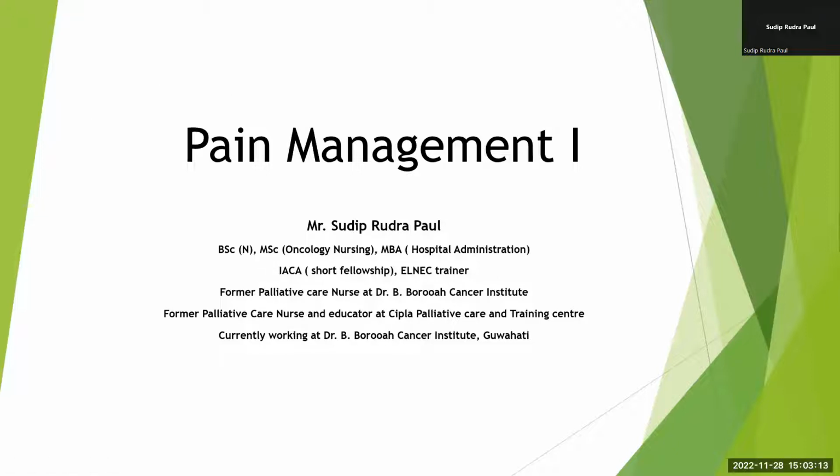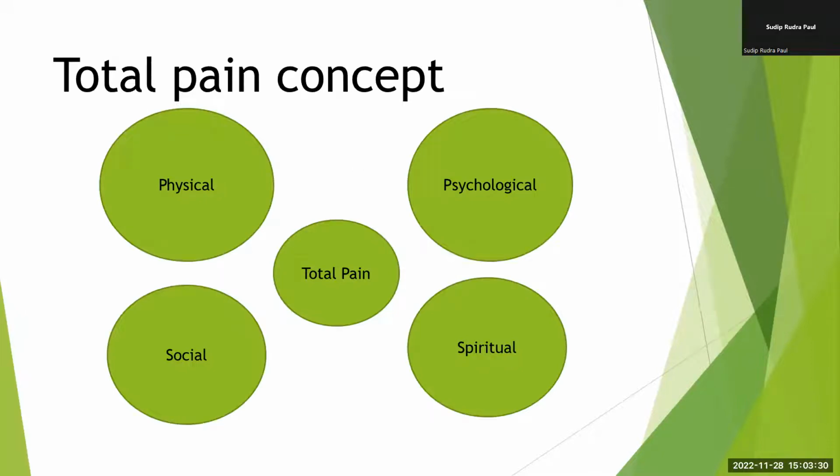In the previous 2-3 sessions, you have already understood that palliative care has four main pillars: physical, psychological, social, and spiritual. Pain also has these four components, which all together are known as the total concept of pain. Total pain.